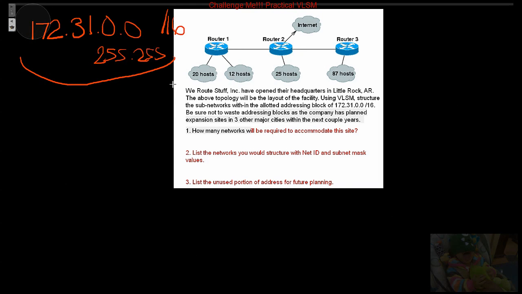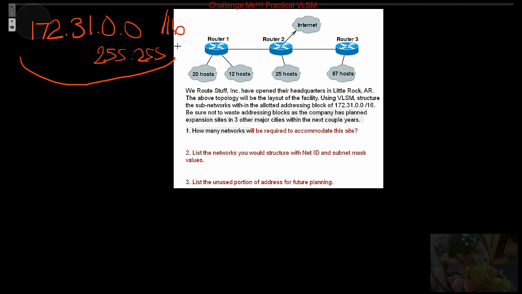That's a large network. We have to figure out how we're going to chop this up into the smallest sizes just to accommodate the hosts that we have available. Then determine what those networks are. Finally, we're going to list our unused portion, which will be available for future planning.